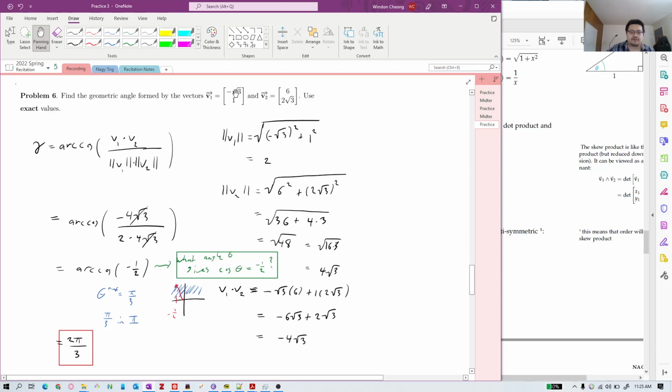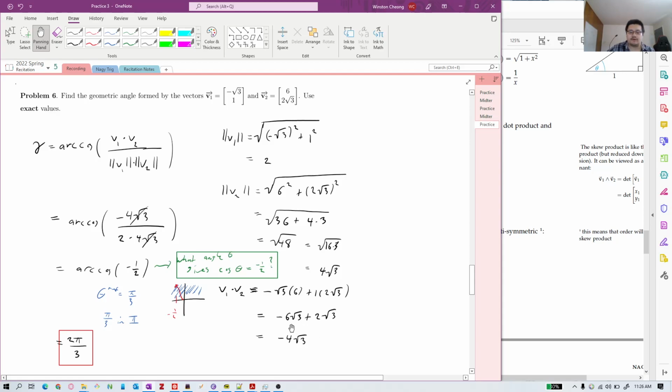So here we multiply minus root 3 and 6, and add the product of 1 and 2 root 3, and then we do the simplification. So notice that both of these terms have root 3 in them. So I just rewrite it in a nicer format, and then imagine factoring out the root 3. Then you've got minus 6 plus 2. That's minus 4.